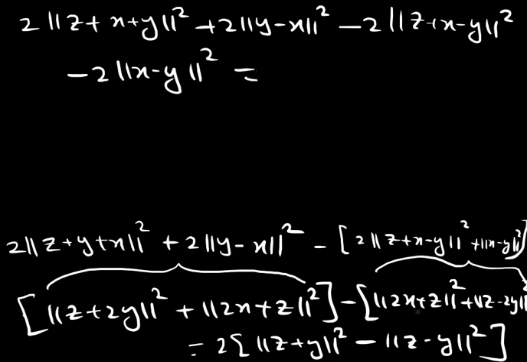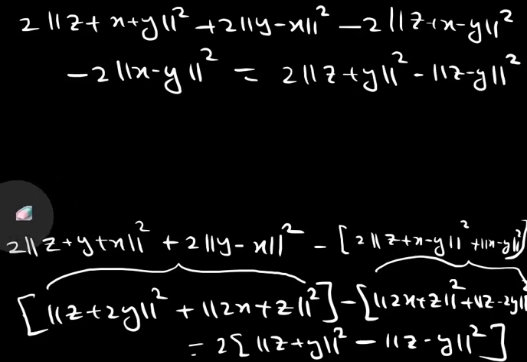This is this minus this, which would be the RHS of this thing: 2 times norm of z plus y whole square minus norm of z minus y whole square. So of this below part.